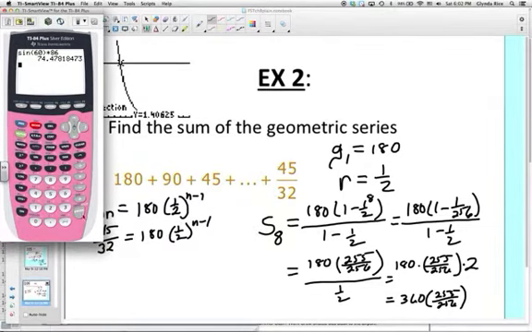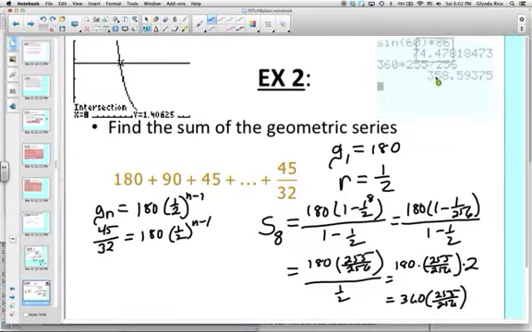Get back to a regular screen. We have 360 times 255 divided by 256. And the answer is 358.59375. I'll write it down here. I'll just drag it. Slide it up there.